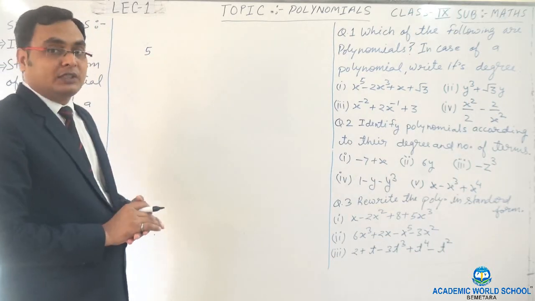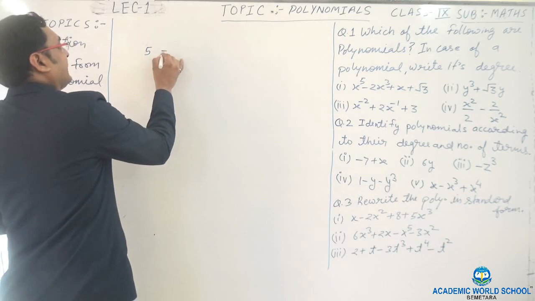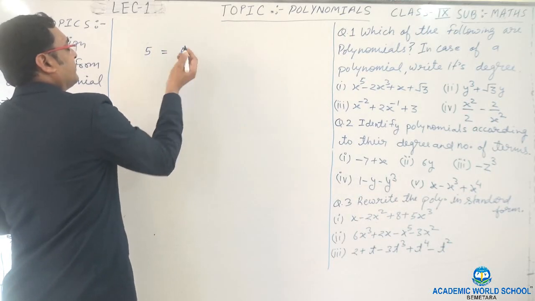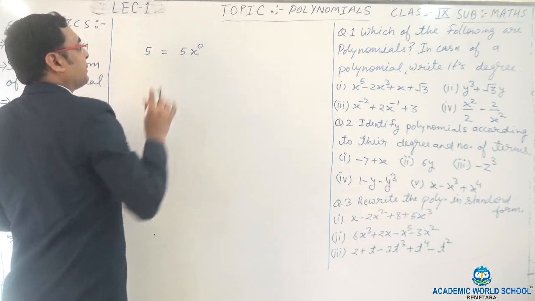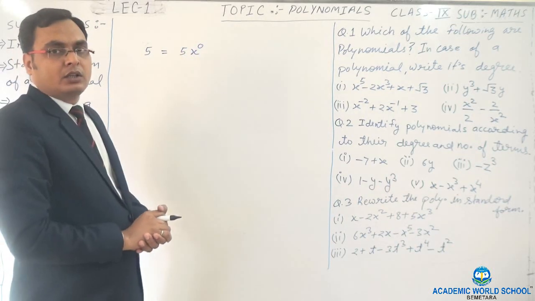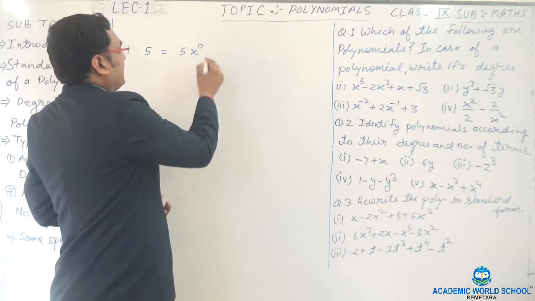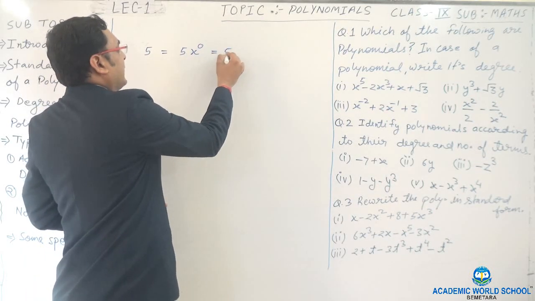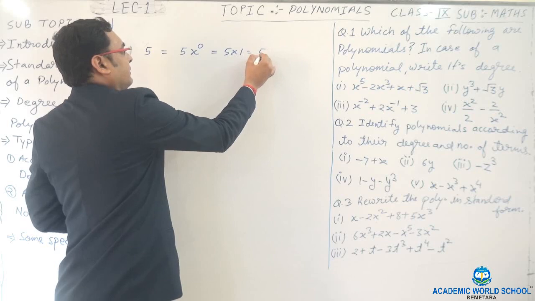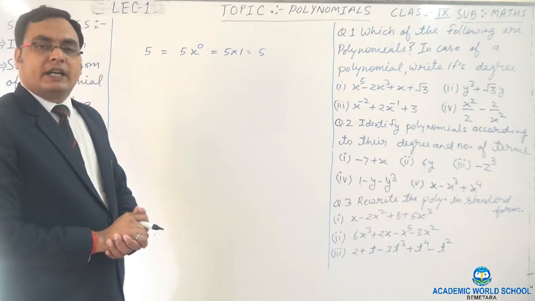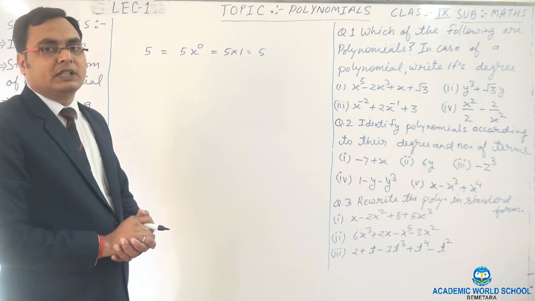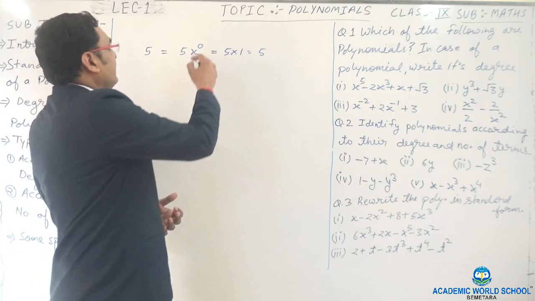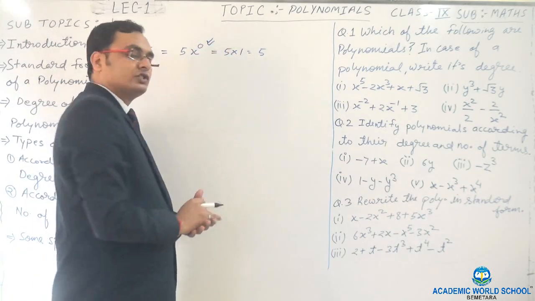Yes, it is a polynomial because this 5 can be written as 5 into x to the power 0, choosing any variable, suppose x. And x to the power 0 is 1, so this will be equal to 5 into 1, which is 5. So every constant, every real number, is also a polynomial and its degree will always remain 0.